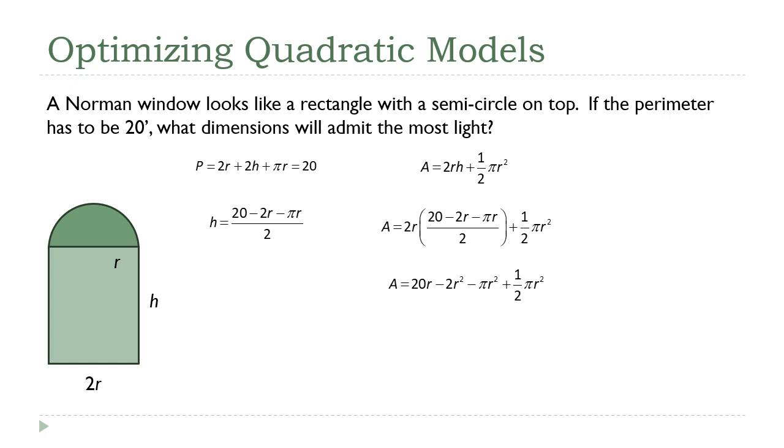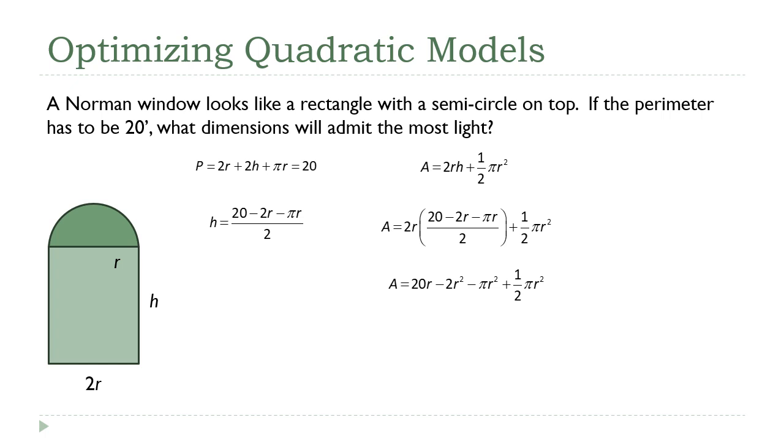And I know it looks a little messy, and it is, but it's just a quadratic function, right? And we know how to find the maximum. Hopefully, it's going to be a maximum. We'll talk about that in a minute. Just using the vertex formula.